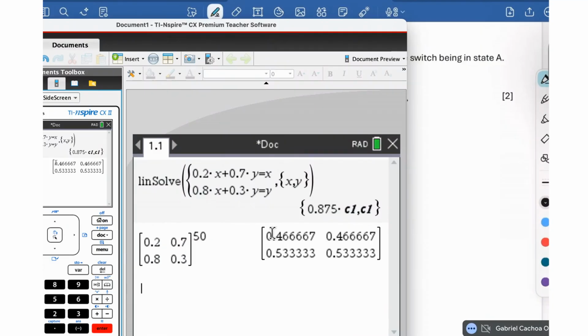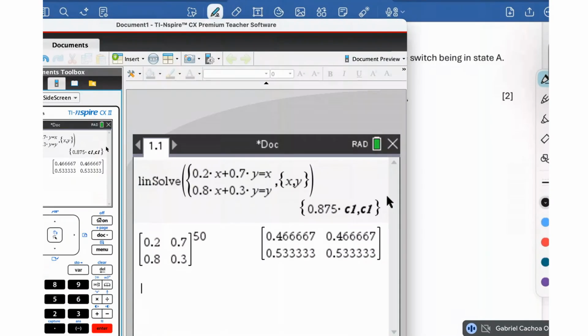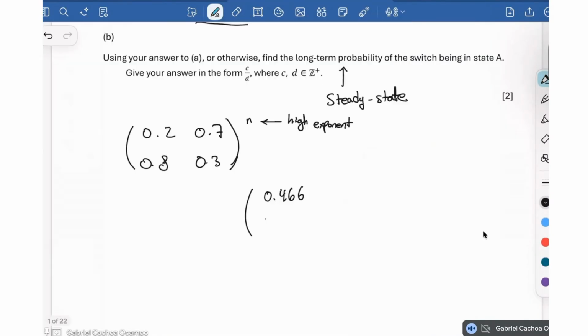So look, this column and this column, this column is my steady state. The vector 0.466, 0.533. This is the steady state.